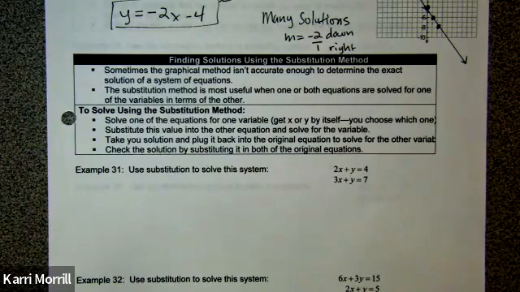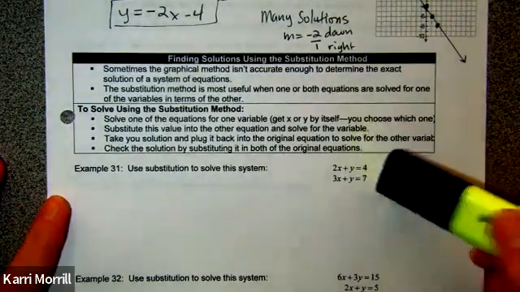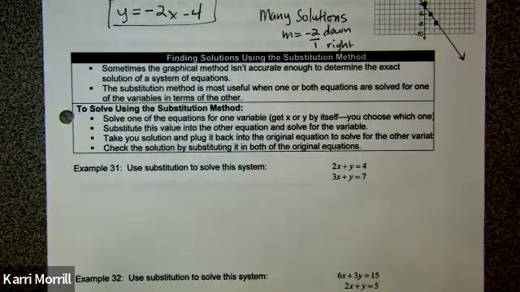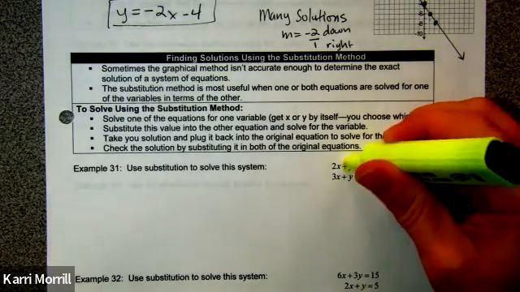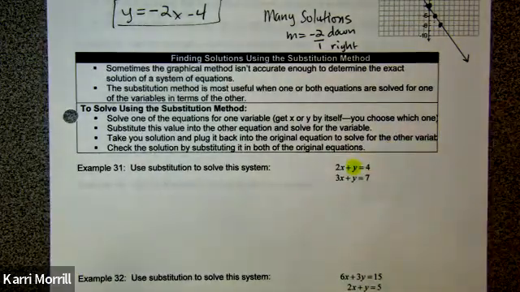So your first goal is to look at your 2 equations and think, if I could get one letter by itself in one of the equations, which one do I want to look at? When I look at this, both of them have a y where it doesn't have a number in front of it. You guys see that? So I'm just going to choose to isolate y in this first equation.